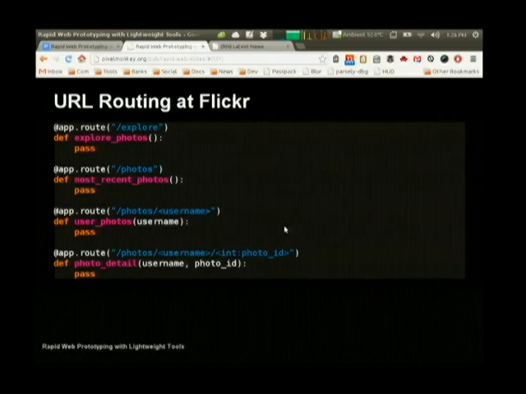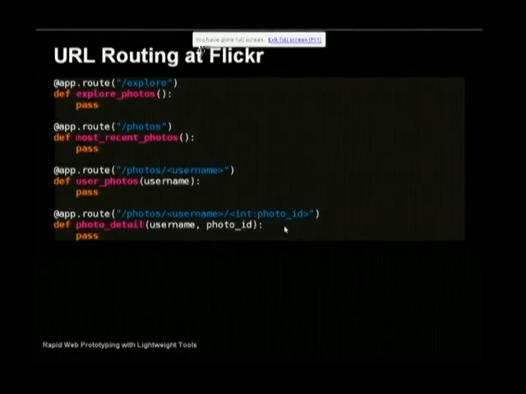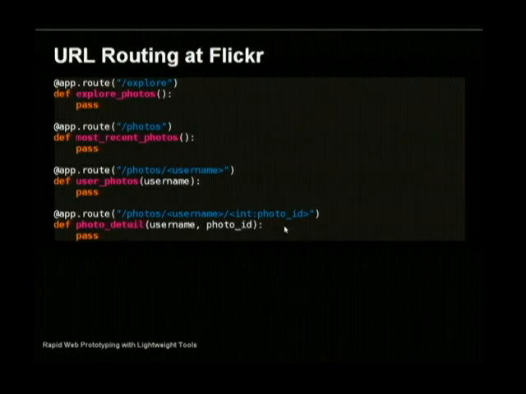So let's go into a little more depth about routing. This is what you might imagine Flickr to have designed their URL routes as, right? So they've got an explore folder and then an explore path and then a photos path, which are basically to explore the site. And then this is sort of how their URL structure is for users.